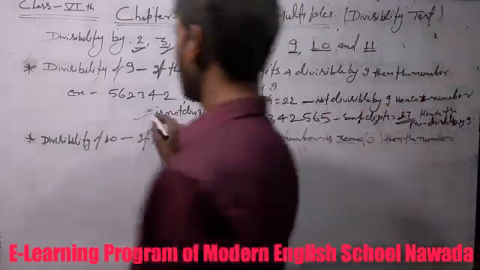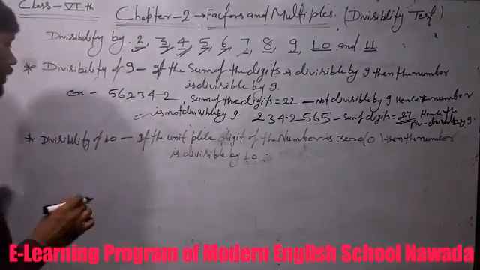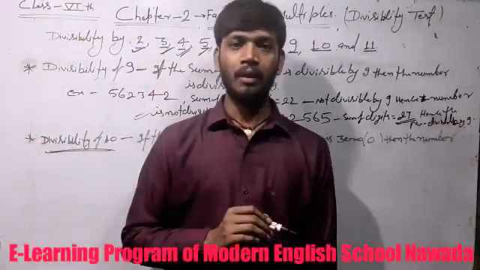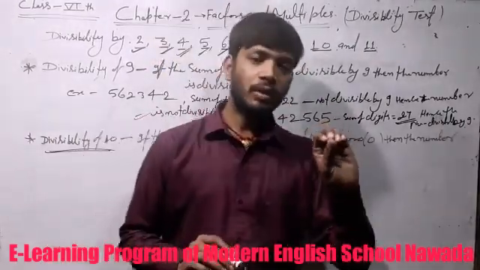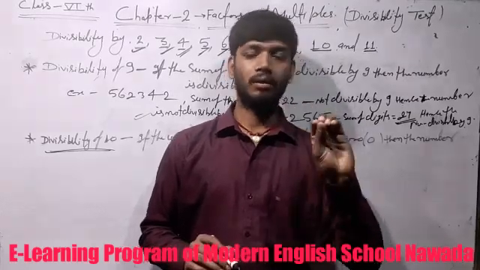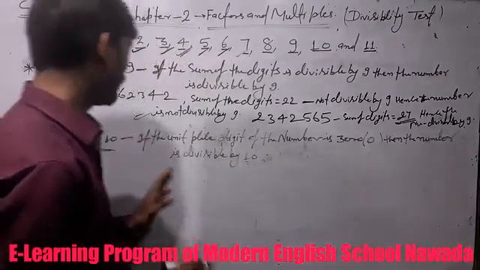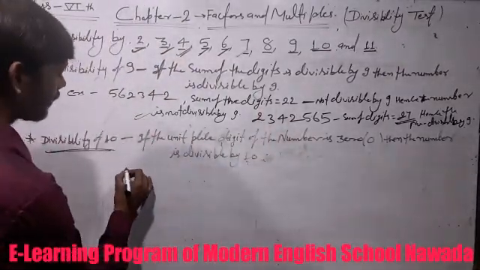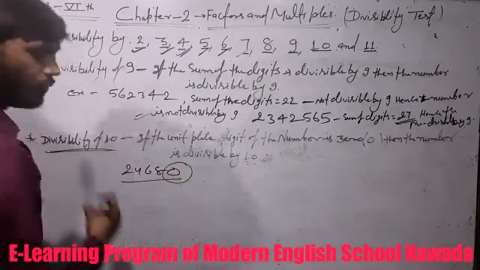Understand? After that, you have to know about divisibility of 10, and it's very simple. Divisibility of 10: its unit place is 0. If the unit place is 0, then the number is divisible by 10. For example, you write 2, 4, 6, 8, 0. Its unit digit is 0.